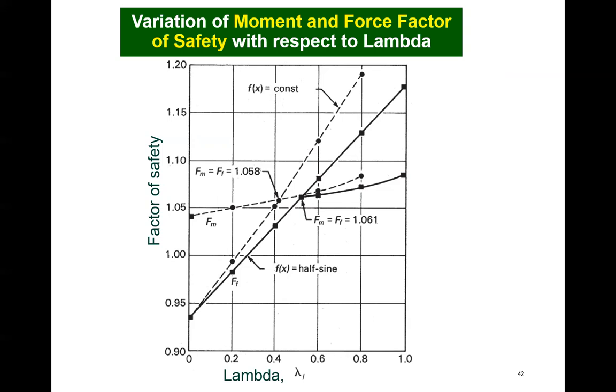In other words, it is the interslice shear forces where both factor of safety results give the same value. The plot shown is for a circular slip surface, and it shows that the moment factor of safety equation is less sensitive to changes in the interslice force function than is the force equilibrium factor of safety.